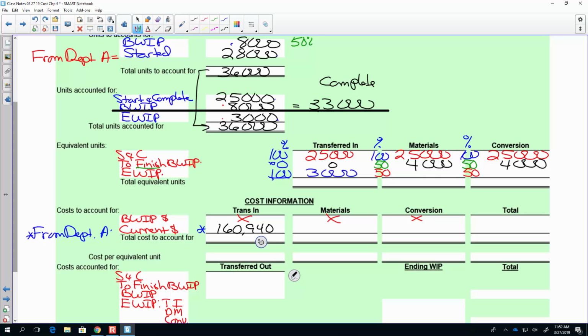I'm simply taking the percentage times my beginning, and then 50% of ending units. How many ending units did I have? 3,000, right? 50% of 3,000 is 1,500. Total them up, 28,000. 30,500.